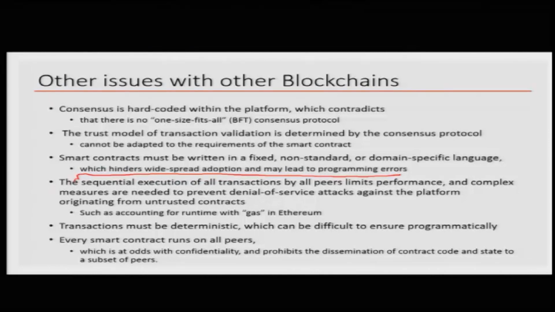Now, another issue is that in Bitcoin and Ethereum, once you get a block, you have to execute all the transactions in that block, even though you did not mine that block. Therefore, if a smart contract that you are executing is very time consuming, you might get into an infinite loop or a very long loop, and that node will become engaged for a long time, which can lead to what is called a denial of service attack.